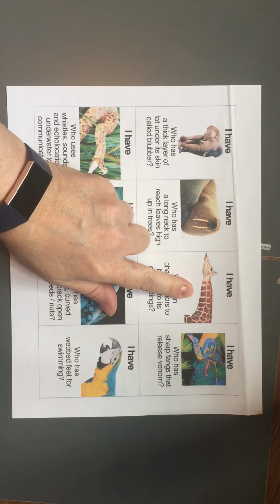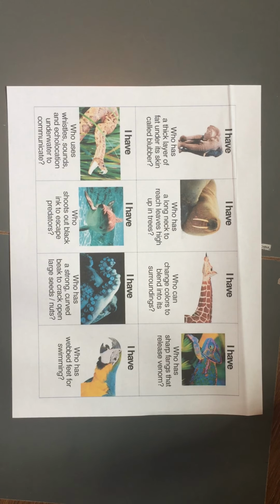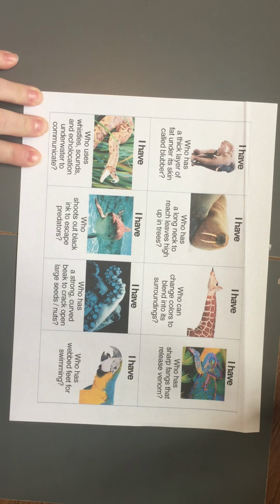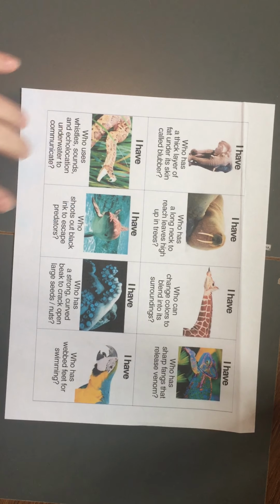It's the giraffe. Who can change colors to blend into its surroundings? Well, that's called a chameleon. Who has sharp fangs that release venom? That would be this rattlesnake. Who whistles and makes sounds of echolocation under the water to communicate? Well, that would be our dolphin friend.